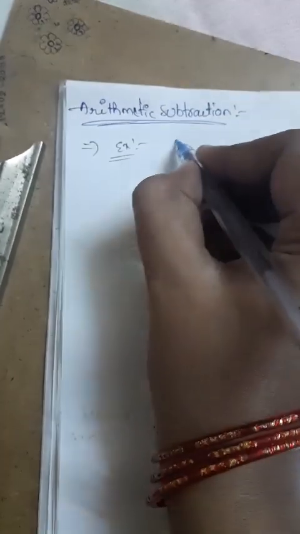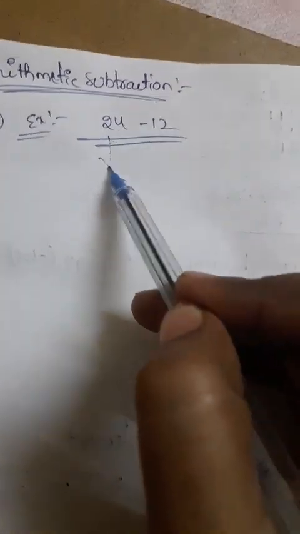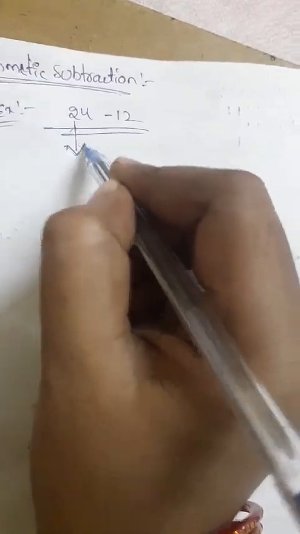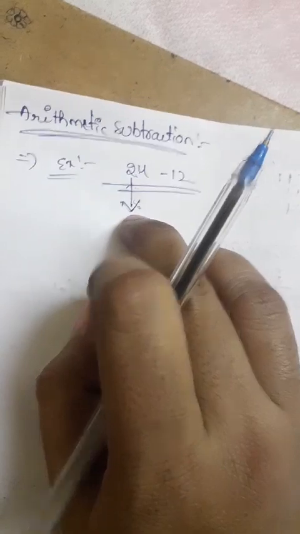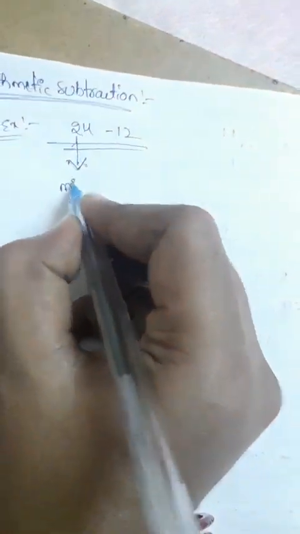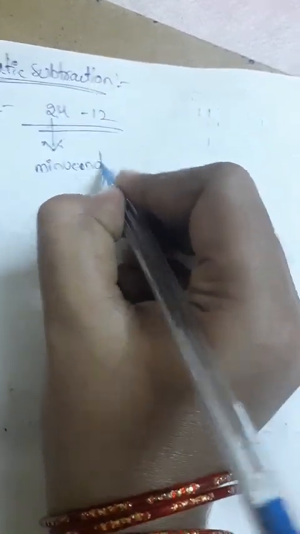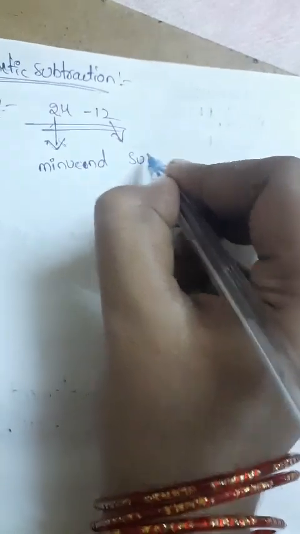Arithmetic subtraction means, for suppose I can take one example here, say 24 minus 12. In the subtraction method, the larger number we have here, we can call it the minuend, and this number we can call the subtrahend.